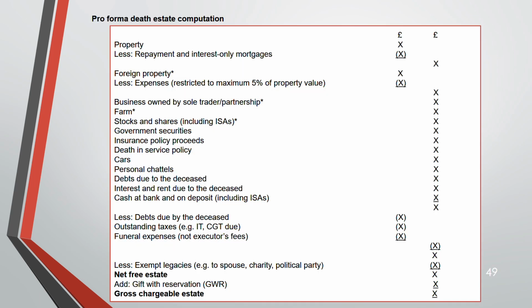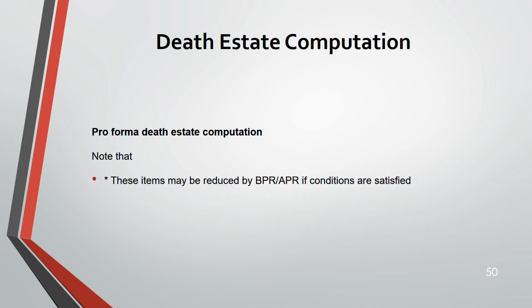So let's go back. You can see the asterisk at foreign property, farm, stocks and shares, and business owned by sole trader. So there are four places where I put the asterisk mark. The reason is that these items might be reduced further by BPR or APR if conditions are satisfied. Only those four.